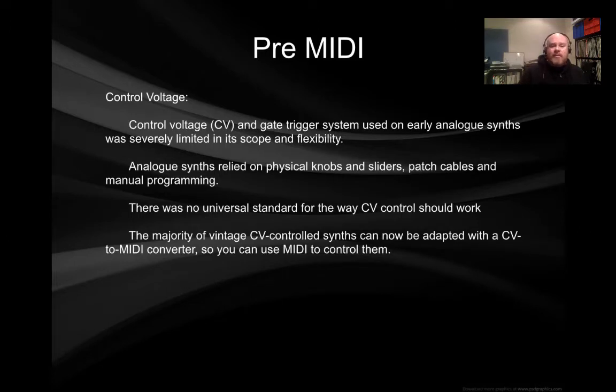So this was quite frustrating if you had a number of different synths that you wanted to speak to each other. So, for example, if you had a couple of Korg synthesizers, you would pretty much know that they would be able to speak with each other. But once you looked at getting a synthesizer from another manufacturer, say a Yamaha synthesizer, you wouldn't know if that would be able to talk happily with your Korg synthesizers.